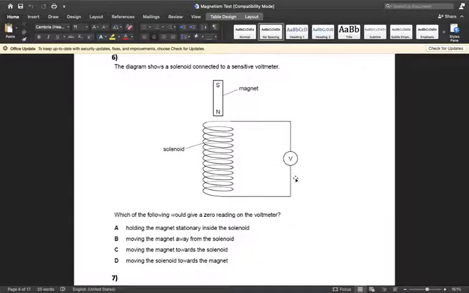If you remember, this is the first thing we talked about in this chapter, electromagnetic induction. So if the magnet is stationary, there is no cutting of magnetic field lines, so the voltmeter would read 0. Make sense?